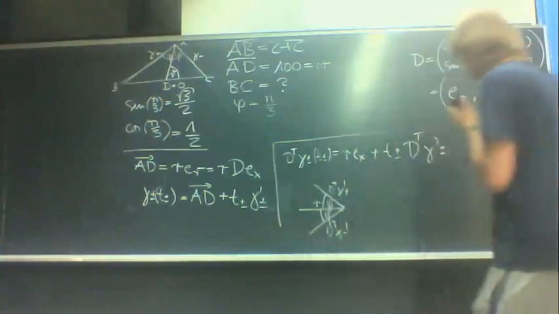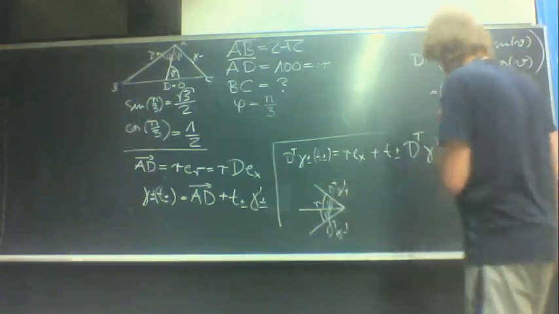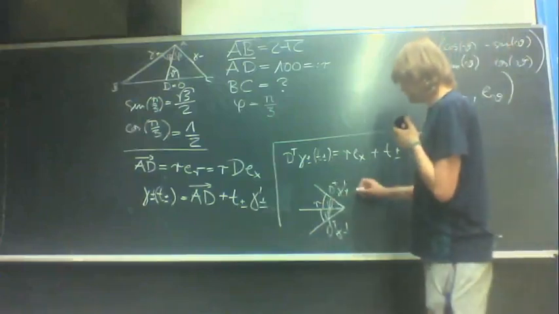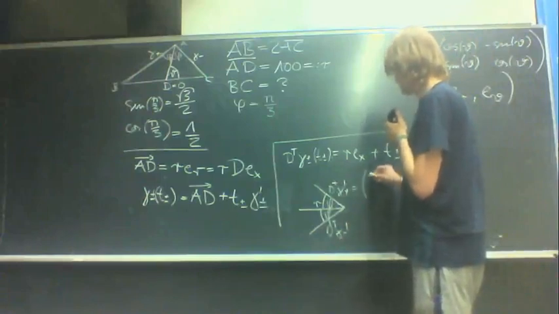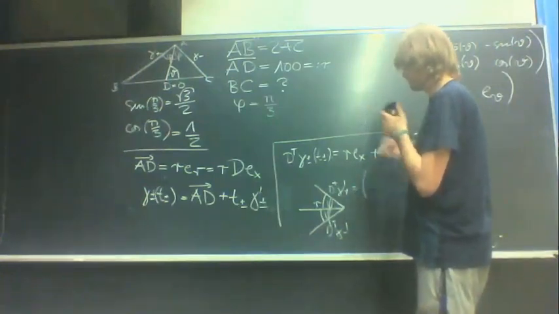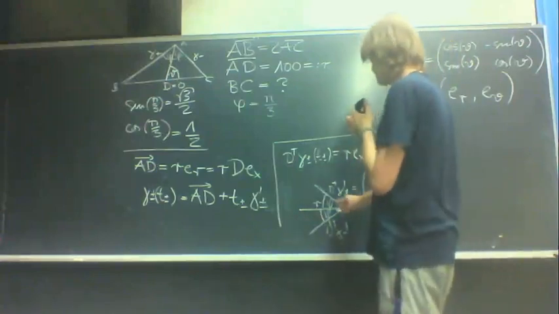Okay, and now we can construct those two vectors. So this will just be like standard polar coordinates.